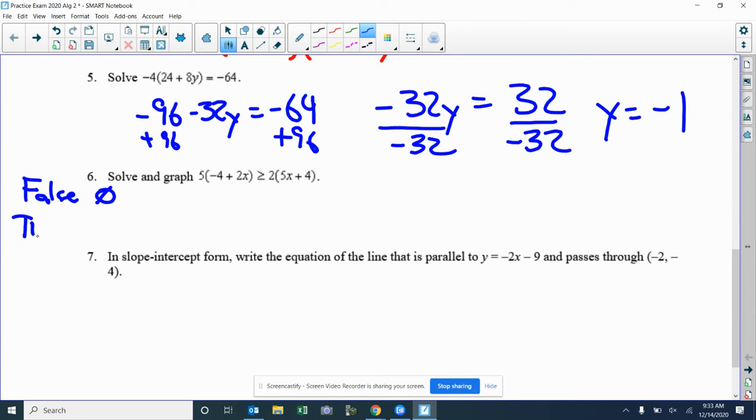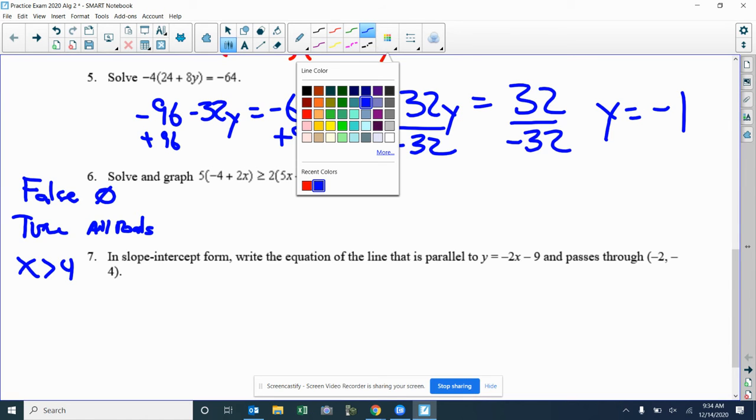There's also the possibility of it just being a true statement, and that would be all the reals, okay? And you could have something like x greater than 4, where you would graph on a line. So those are the 3 possibilities. X less than something, x greater than, whatever it might be. Okay? So let's work this one out and see what's going on with it. Got a little work to do.